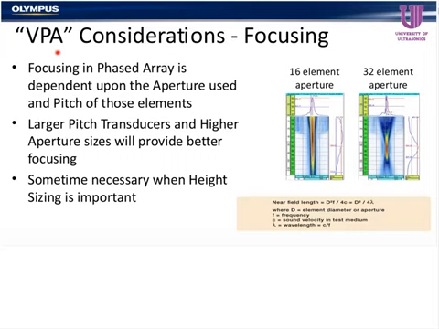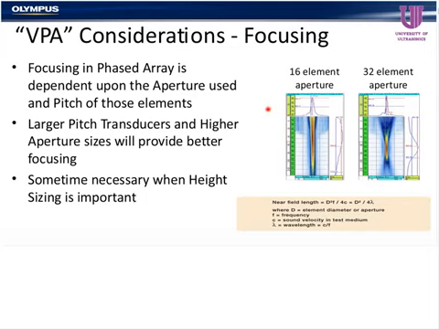In certain inspections, this would be important for, say, sizing. If sizing is of importance to you, say for sizing the height of an indication, you might want a transducer that has a larger pitch, meaning the elements are spaced further apart, and you would probably want to increase the quantity of the elements that you're using, such as the example on the left.